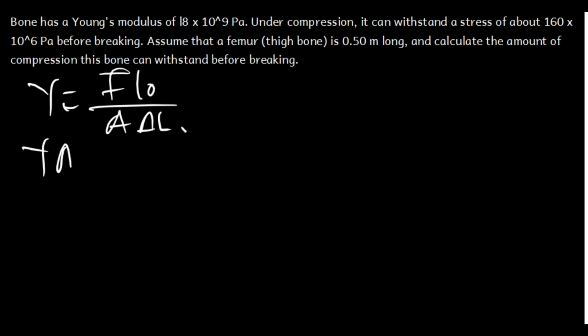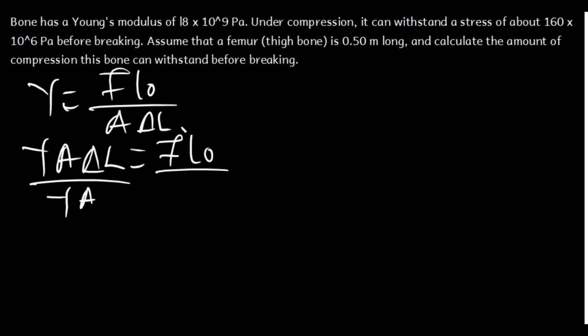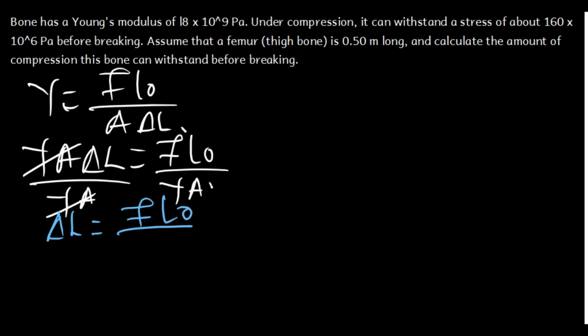Young's modulus times area times change in L is going to be force times L initial. So we divide both sides by Young's modulus and area, and these cancel, and I remain with the change in L equal to the force times L initial, over the area times the Young's modulus.